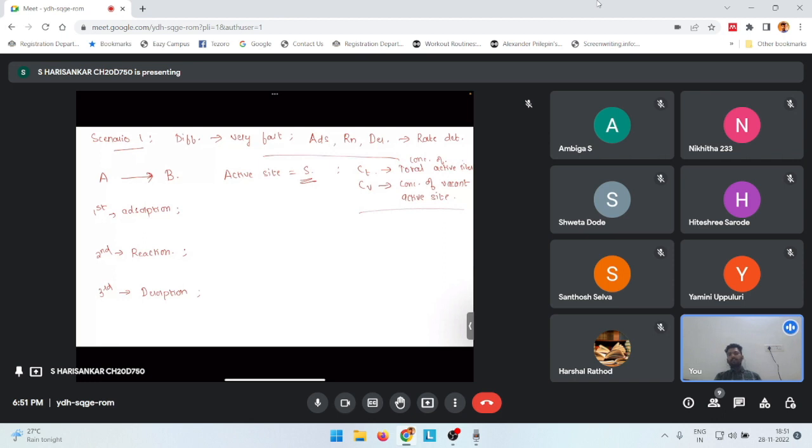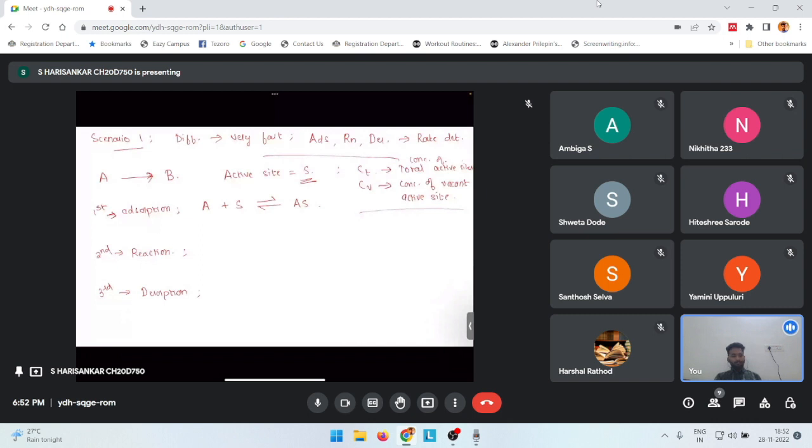Anyways, let us start with the first step. The first step is adsorption. Adsorption means your reactant A will get adsorbed onto a catalyst active site, right? So we can represent it like this: A plus an active site S will reversibly give your adsorbed reactant molecule AS.